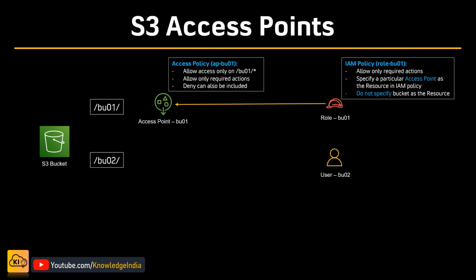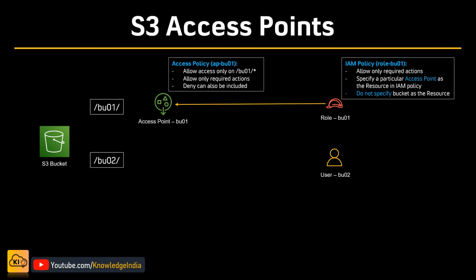But coming back to this, it is recommended that whenever you are allocating permissions to a particular user or role to interact with an S3 access point, in that policy, in the resource section, you specify the access point as the resource, right?